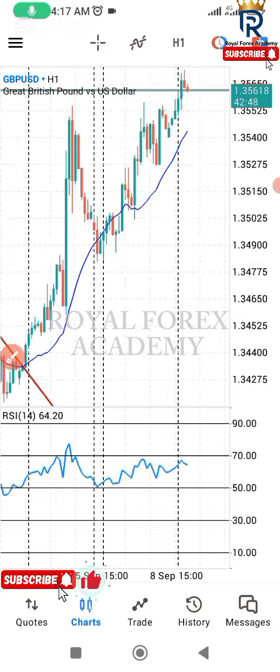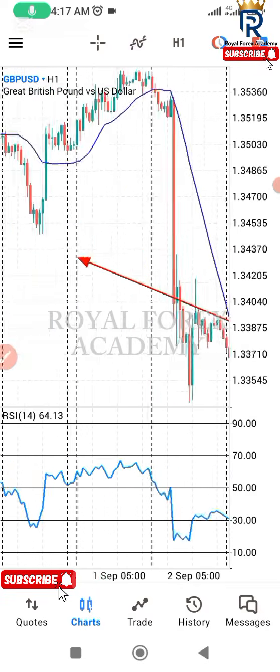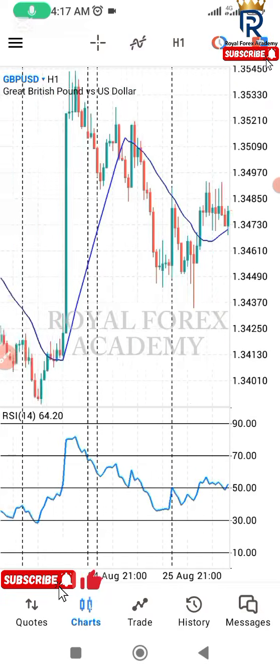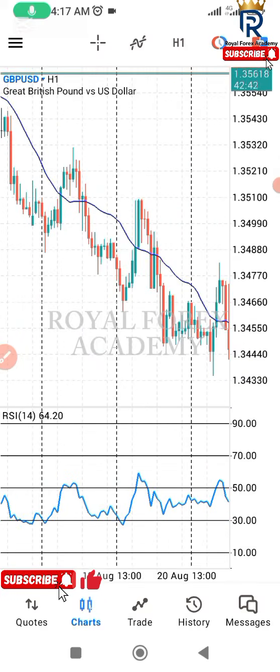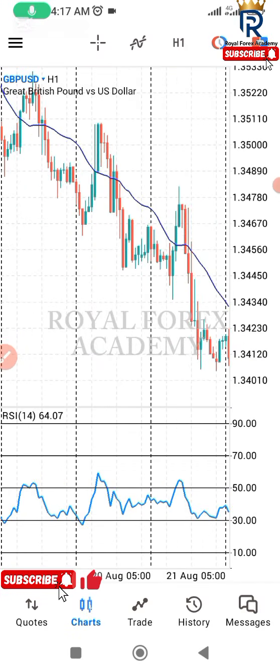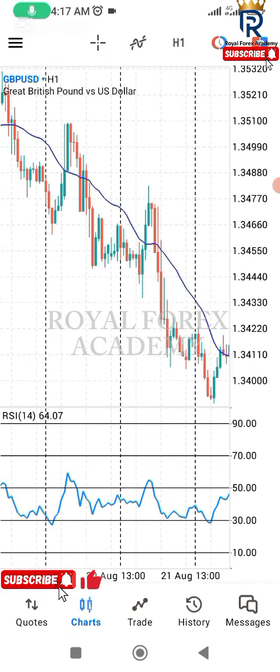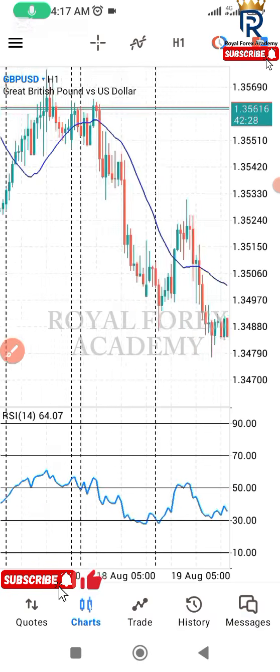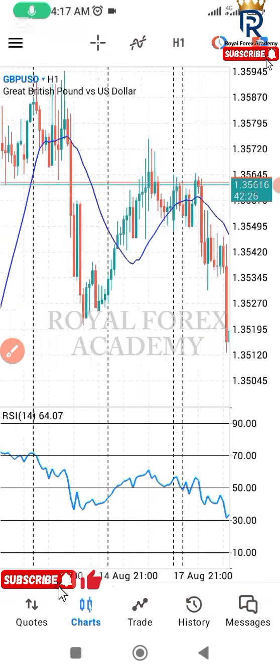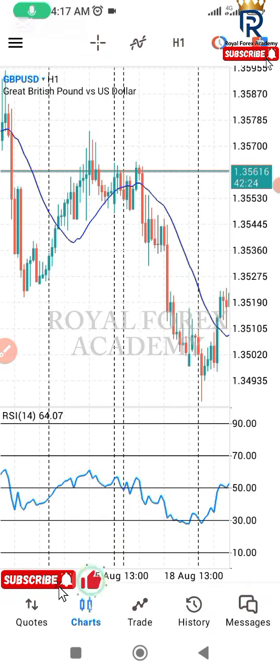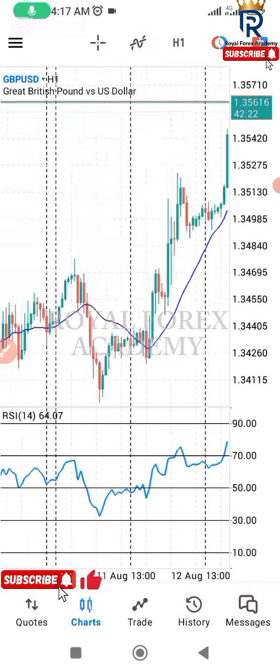Very simple and profitable strategy that you can take advantage of. See that price went above. You'll be patient for price to close below the moving average, and then your RSI closes below 50. So it works across all assets.